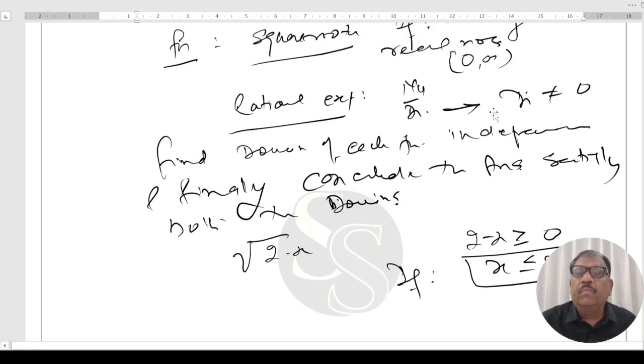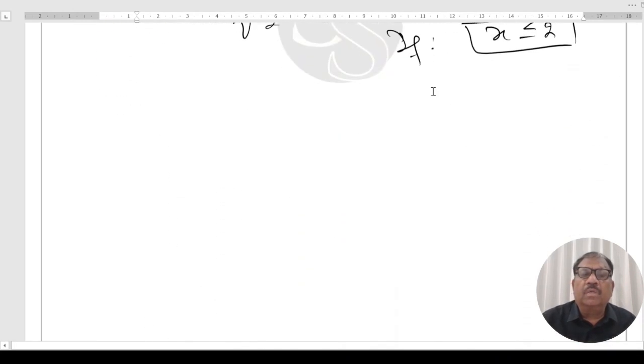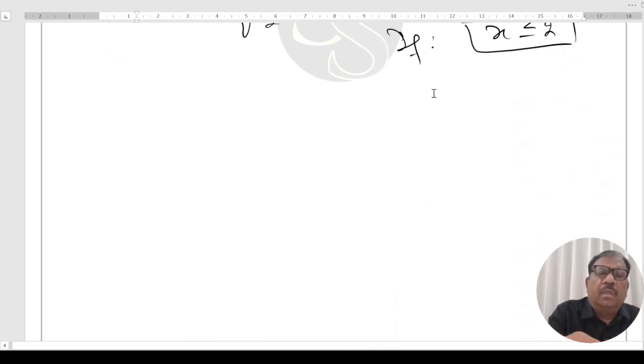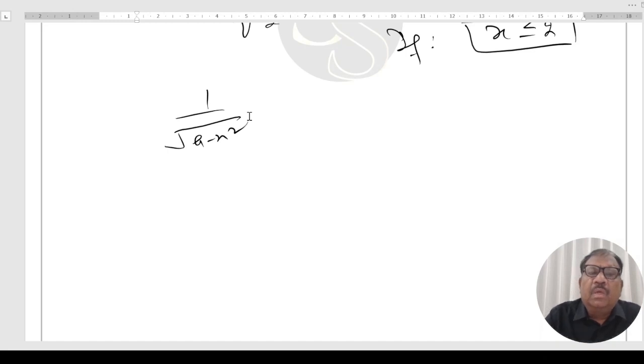Another function is 1 over under root 9 minus x square. In this case, it is a square root function in the denominator. The 9 minus x square should be greater than 0. The equal to sign is removed. The reason being, the denominator will become 0, then the fraction expression will become undefined.